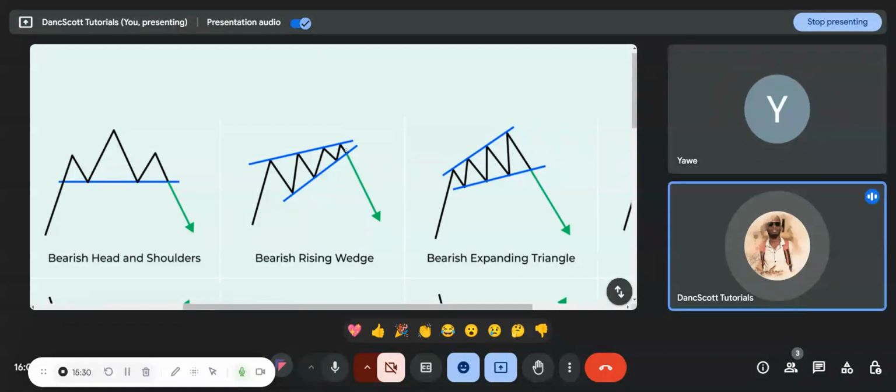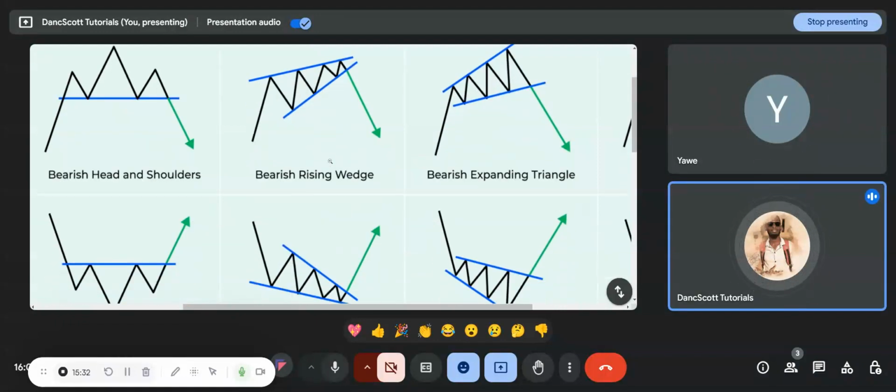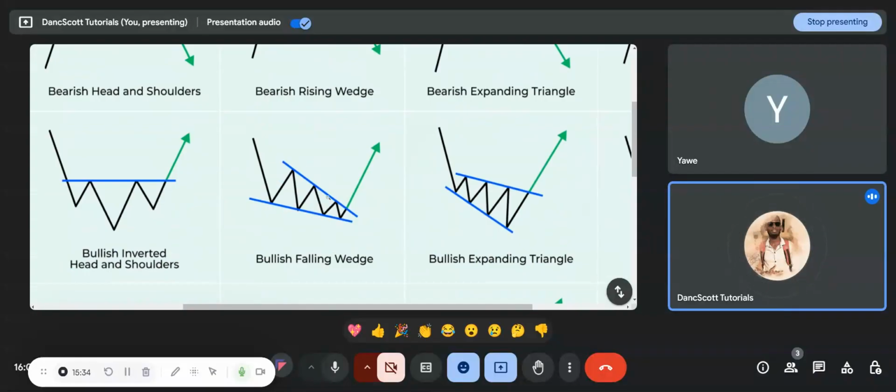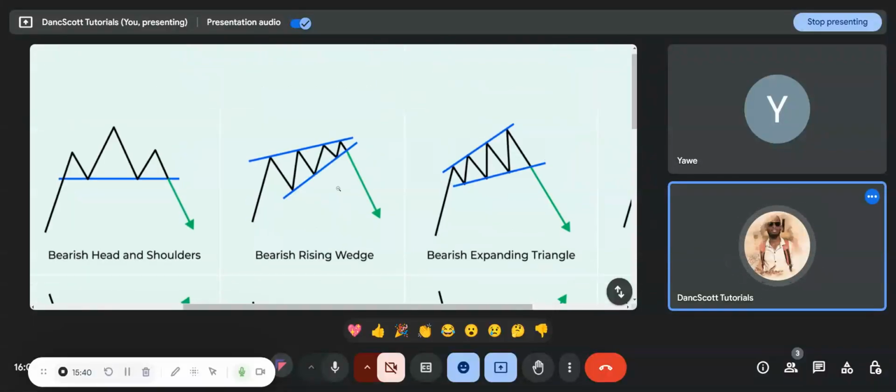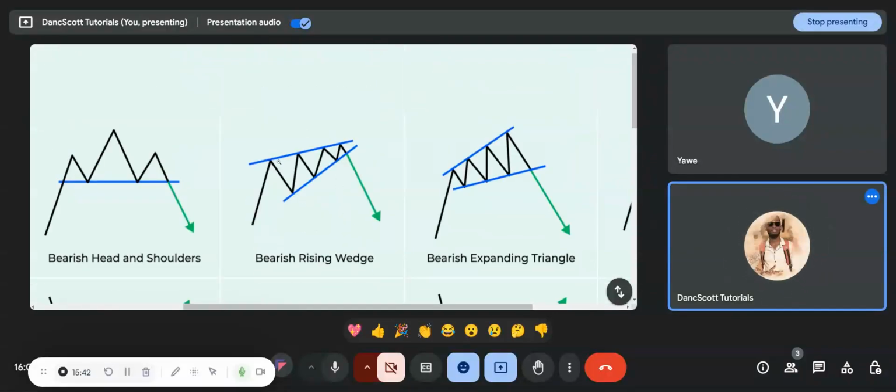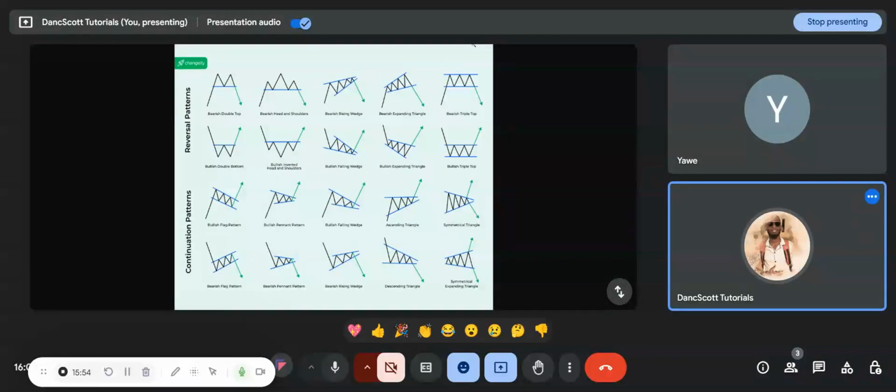We call it the bearish rising wedge and the bullish falling wedge. Whenever we see this kind of form, we know that at a certain point we'll be breaking out of the consolidation to bearish, or to selling.